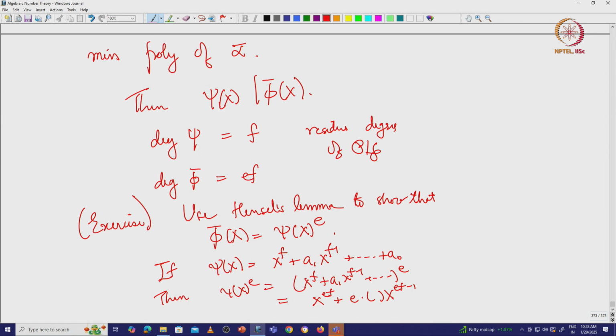Let me not try to compute that, it does not really matter, but this is equal to phi bar of x, right.